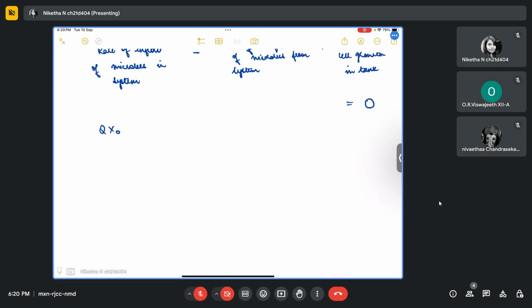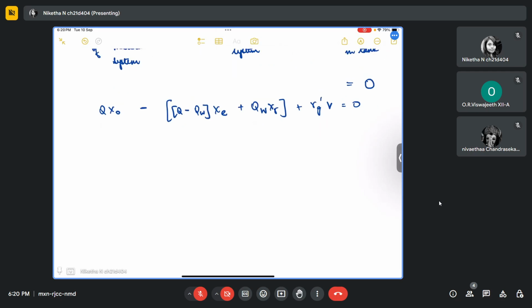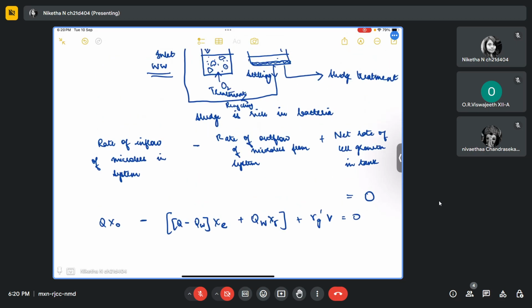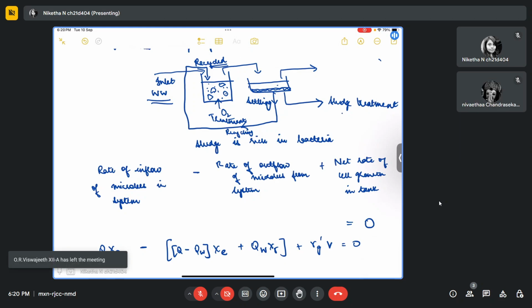Okay, so this minus, now here the term Qw refers to the waste sludge that is taken for treatment and disposal.